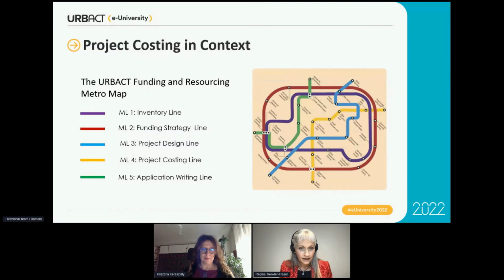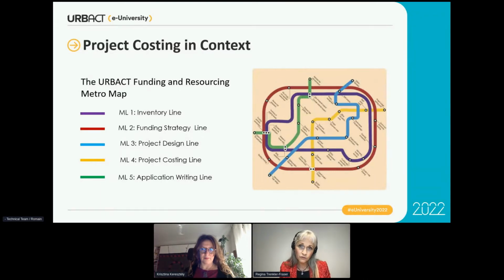The third line is the blue line, and this is the project design line, and that is the closest link to your action planning work which you're doing already, in terms of thinking about projects. But this line exists in our context here to ensure that really all aspects are covered in your project description, to inform the fourth line, the yellow line, the project costing line.